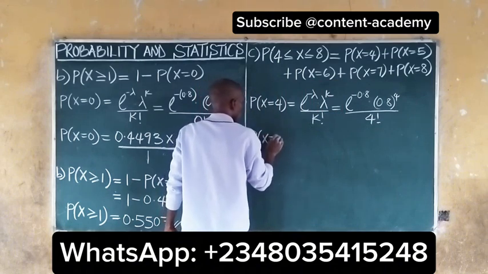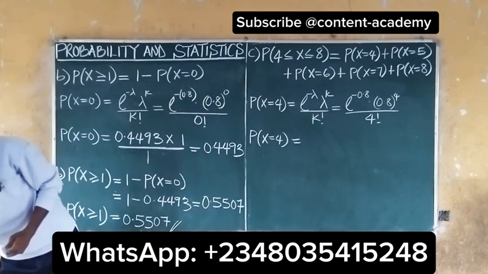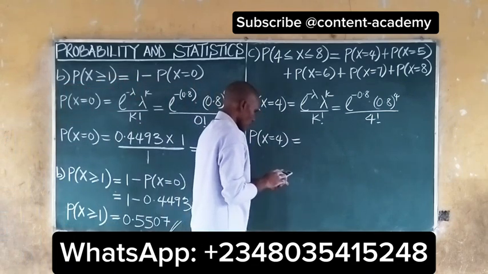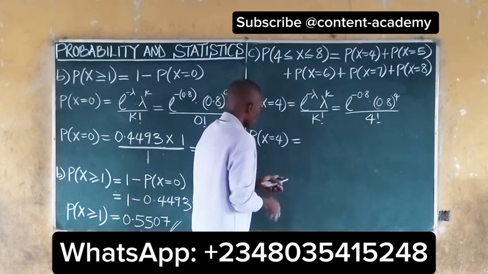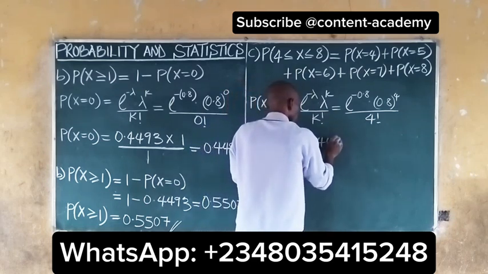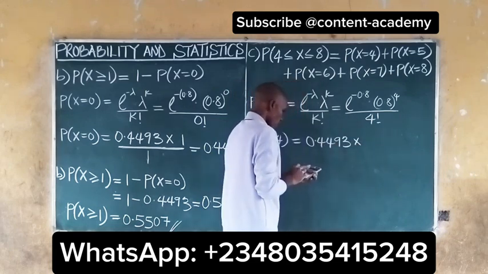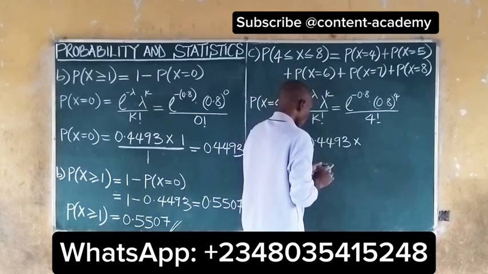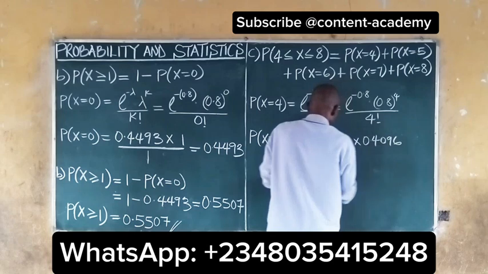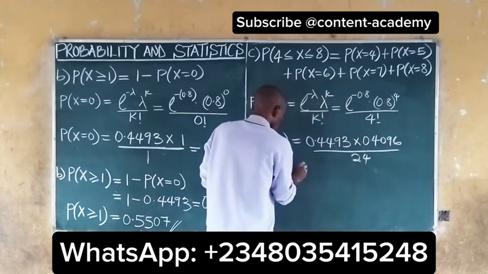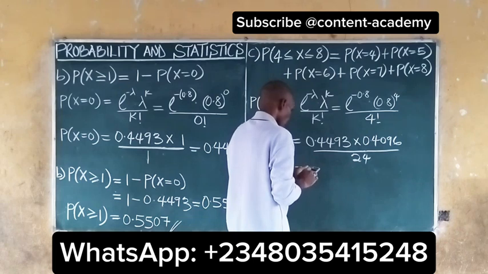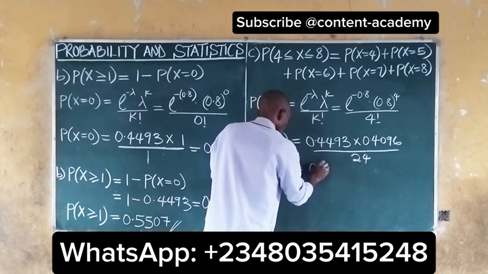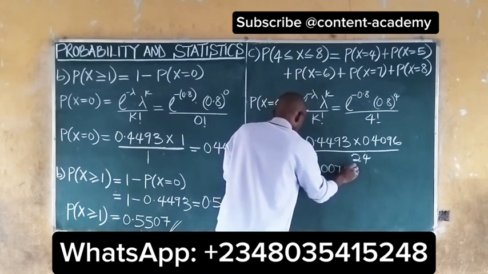So we have 0.4493 multiplied by 0.4096, answer divided by 24, which is equal to 0.007668.